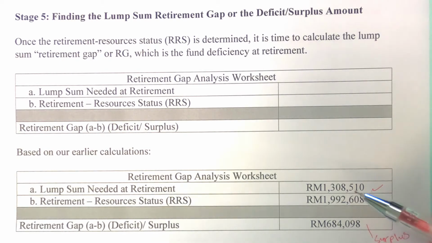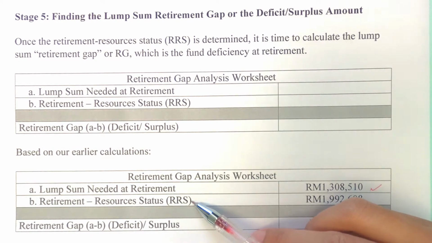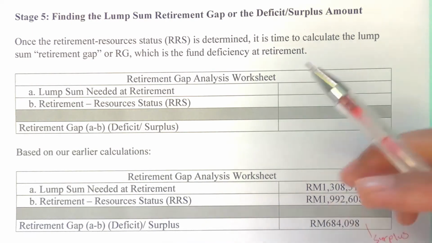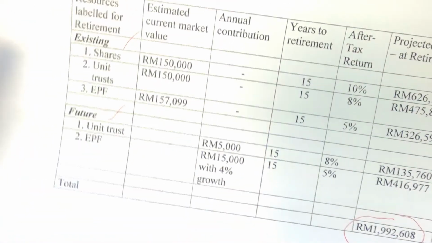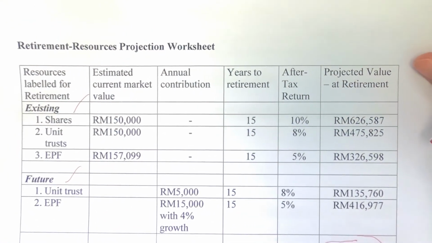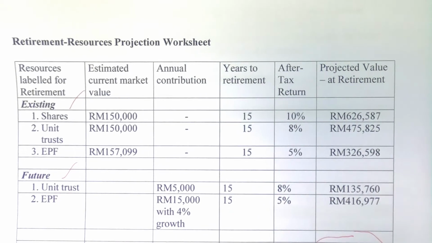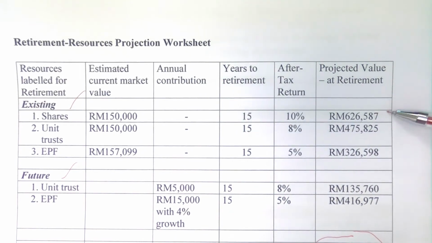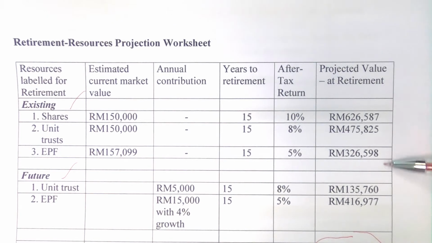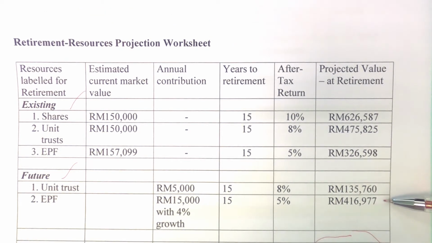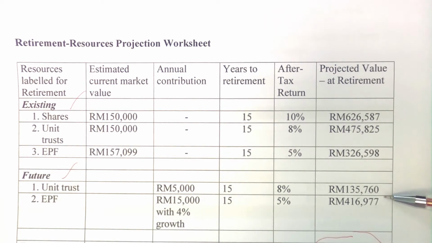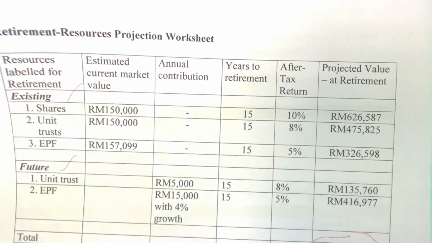And we compare this with the retirement resource status, RRS, in the previous document. You can see this is the existing value of the retirement and the future value of the future resources at retirement, and the total is 1,992,608.